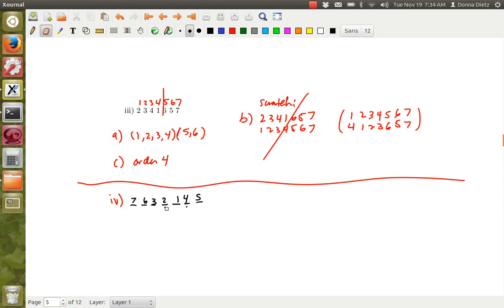Hopefully this will demonstrate something for us. So if we had this problem, then you'd say 1, 2, 3, 4, 5, 6, 7. And then you'd say, okay, I need disjoint cycles. 1 goes to 7.